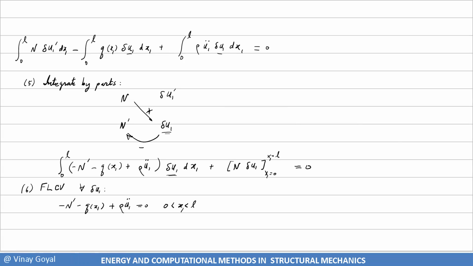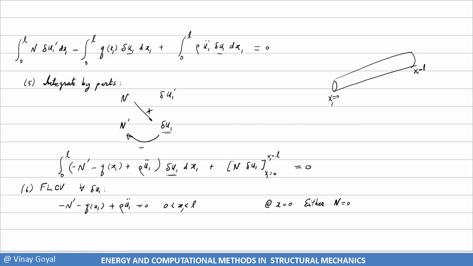And then I have the boundary terms. At x equals 0, either N is 0, so no axial load is applied on that surface. If this is a bar, and this is x equals 0, and this is L, either you apply a force here or you don't.